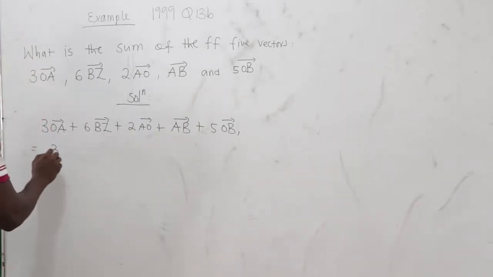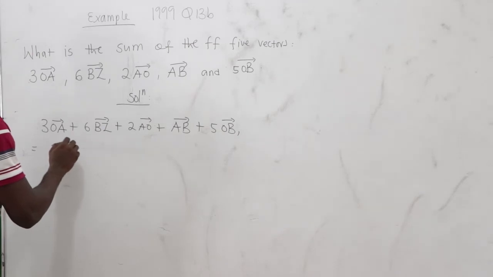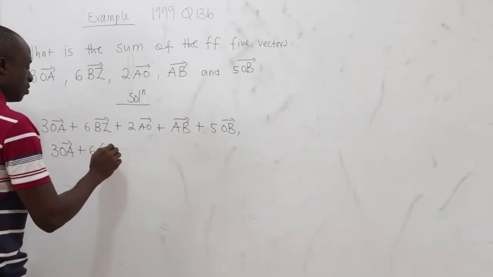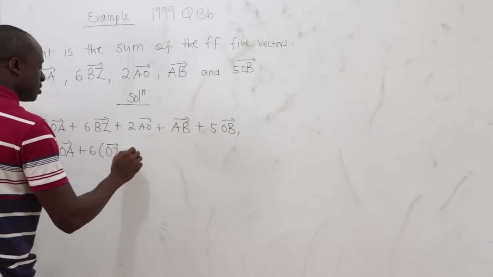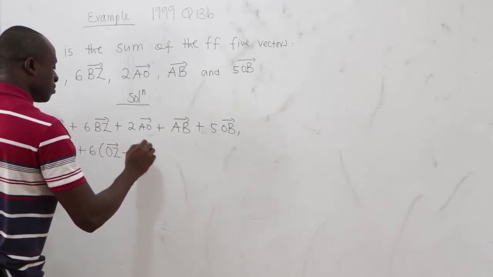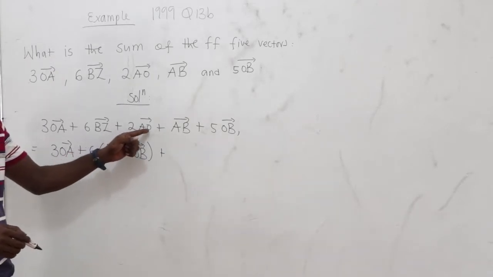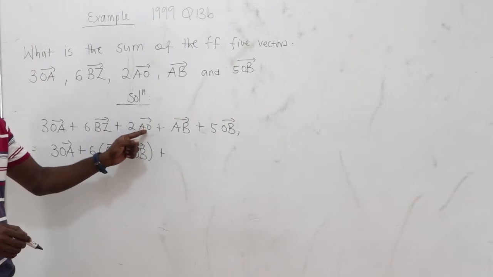So here, this is 3OA, then 6 times OZ minus OB, plus. Now let's say this. You see, this is AO. But OA is the same as what? Negative AO.